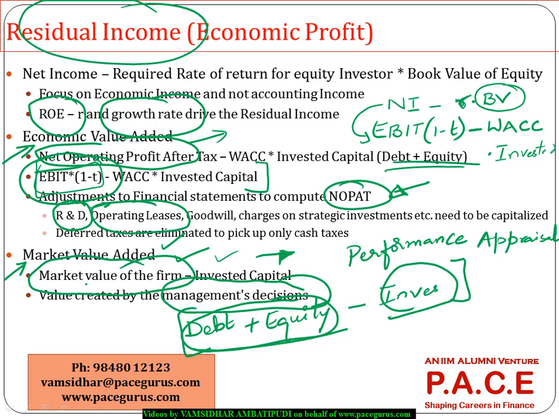Same way with deferred taxes: don't get into deferred taxes, look only at cash-based taxes. With all these adjustments, you get into the computation of net operating profit after tax, and from there you can compute the EVA.